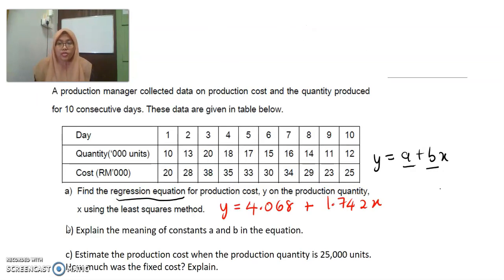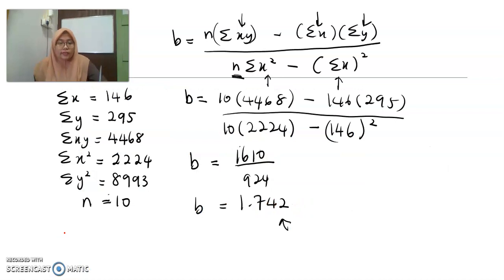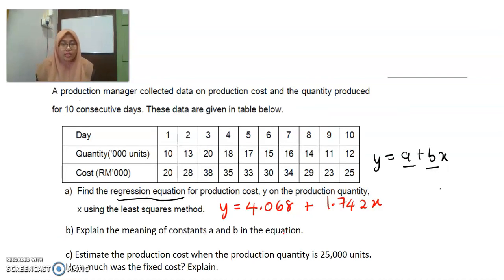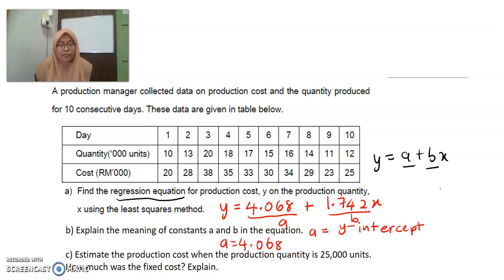Okay, the next question B. Explain the meaning of constants a and b in the equation. Okay, so this is our a and this is our b. So a here means what? A is the y-intercept. A value 4.068 tells us that the regression line intercepts the y-axis at the point 4.068.